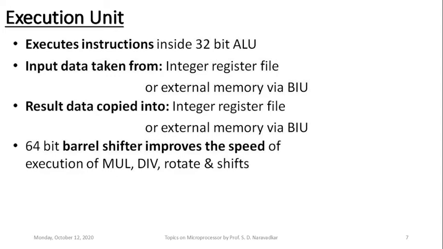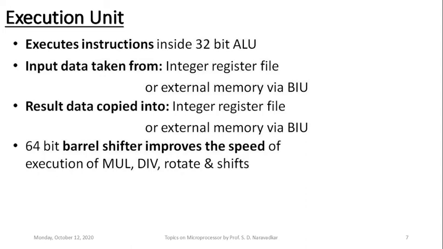Now, within the execution unit, there is a 64-bit barrel shifter that is used to improve the speed of execution of multiply, divide, rotate and shift instructions. It is a barrel shifter, which is totally different from a normal shift register.